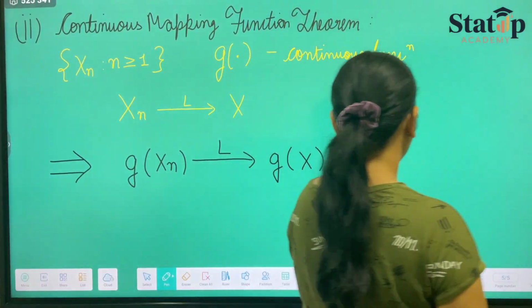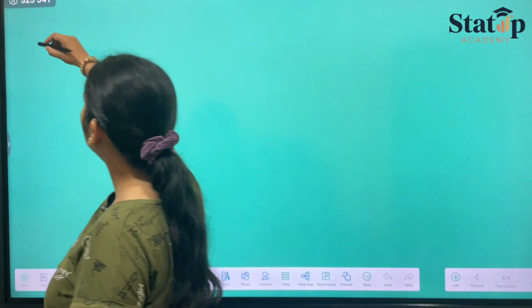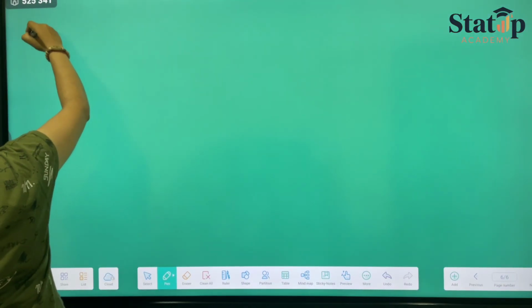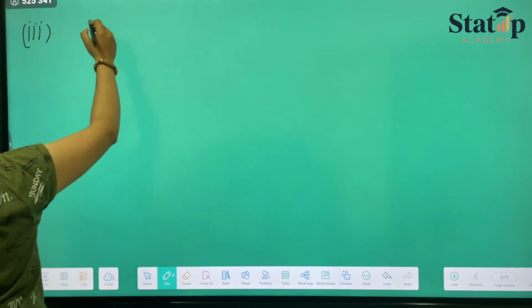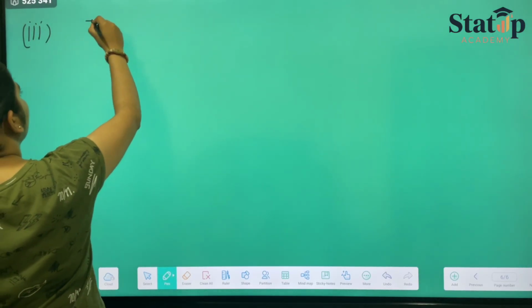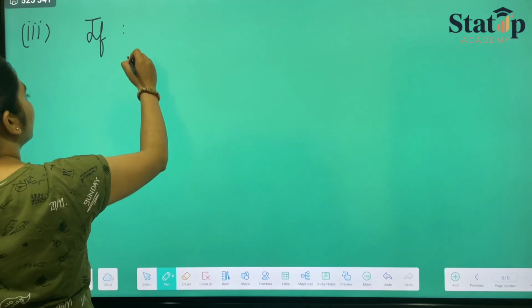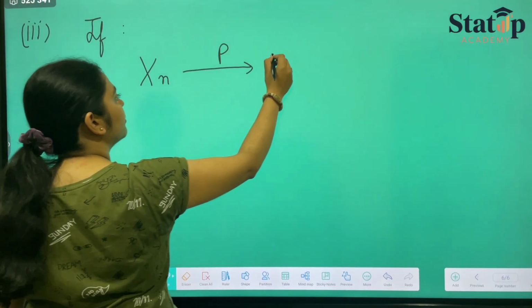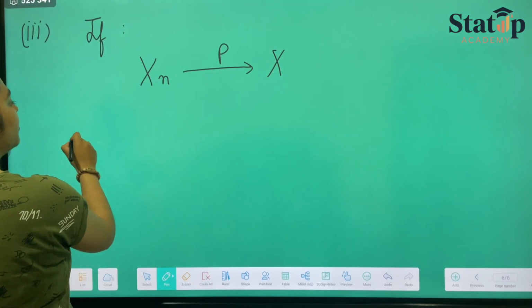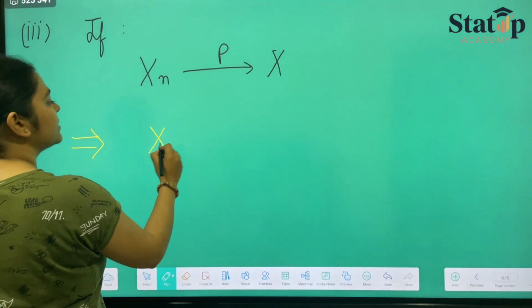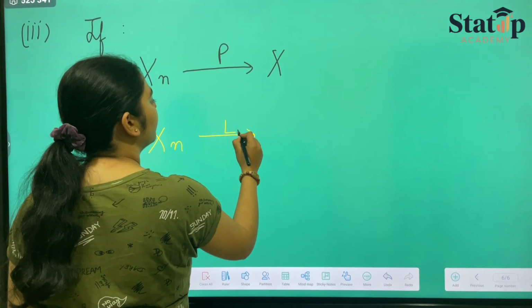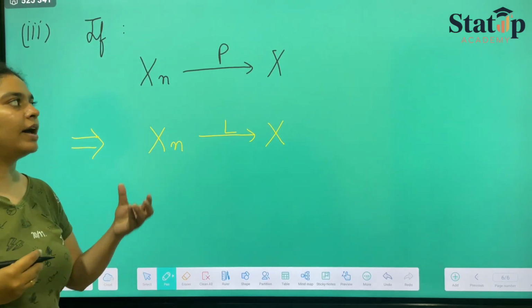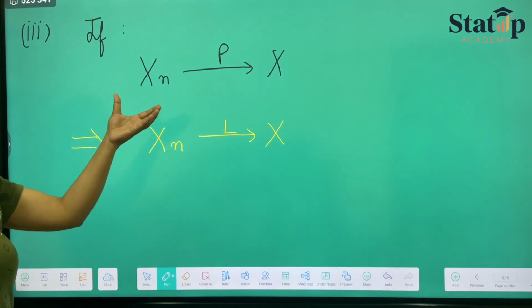Now the third and the most important theorem of today will be, if it has been given to us that Xn in probability converges to X, then from this we can say that Xn in law converges to X. So we only have to specify whether it converges to X in probability or not.